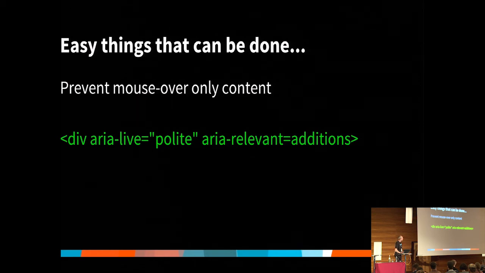But when you have these things, you have the possibility to add an ARIA live attribute with a priority with which this information should be read out. And with ARIA relevant, you can define which part of the change is interesting: whether the content of the whole live area should be read, or only the part that has actually changed.